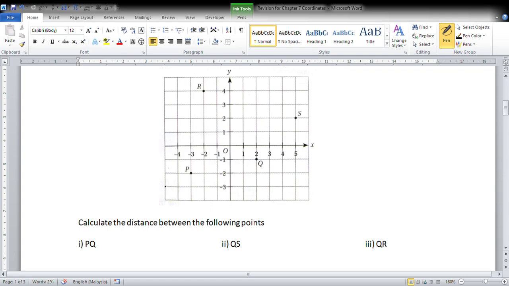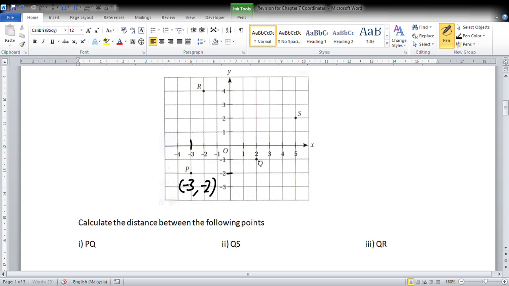So we start with P. What is the coordinate of P? It will be -3. Remember, we have to read the x first, and then the y. The coordinate follows here, here, and here. So it's -3 and -2.